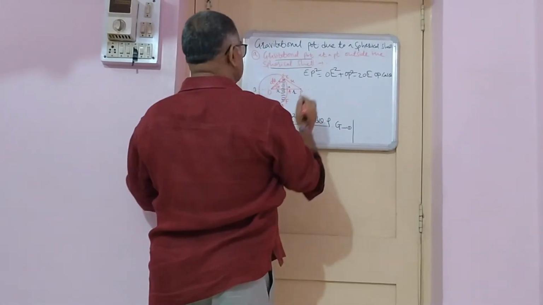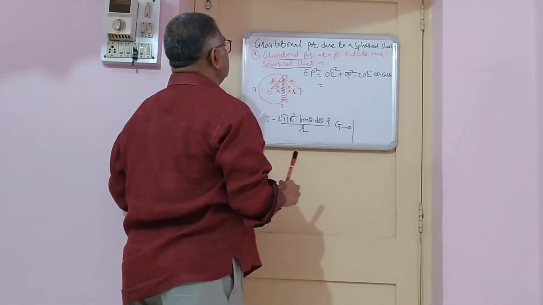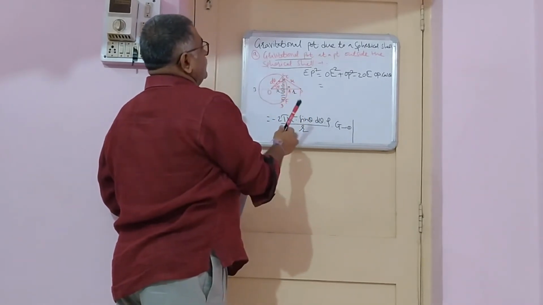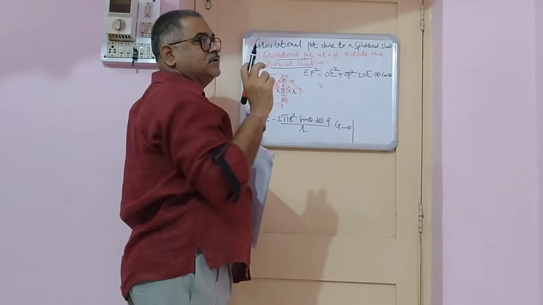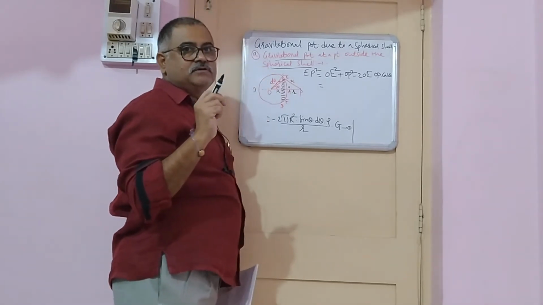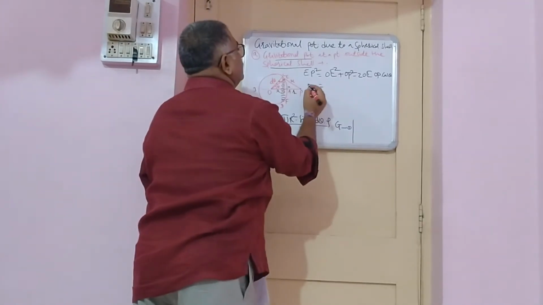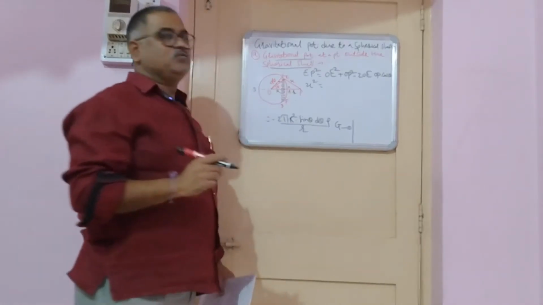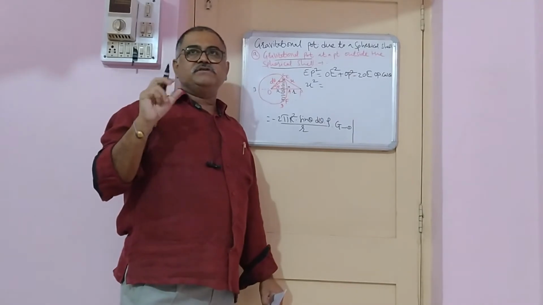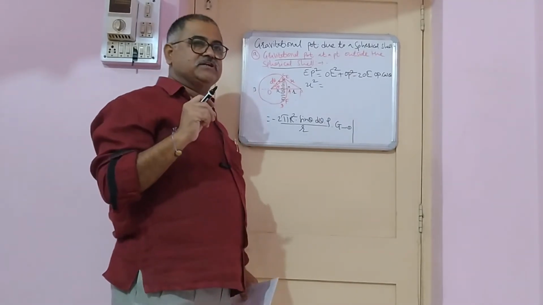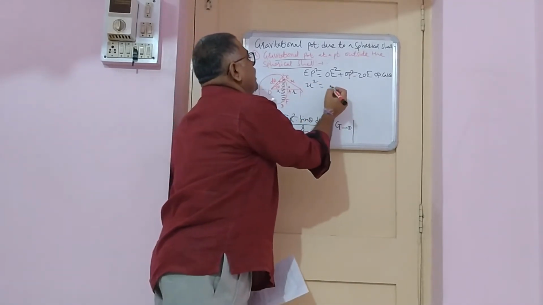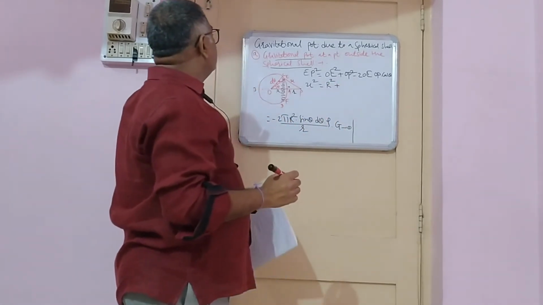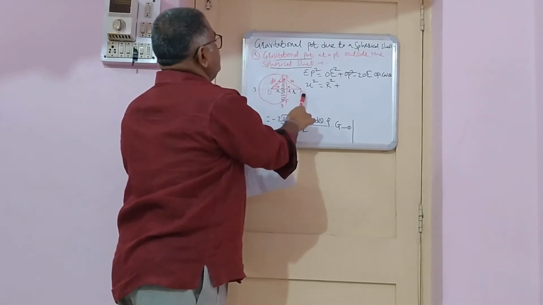See now, we will put the values. EP square. What is EP square? We have the value of EP as x, therefore x square. OE square. What is OE square? OE square is nothing but the radius of that sphere, capital R square, plus OP square.